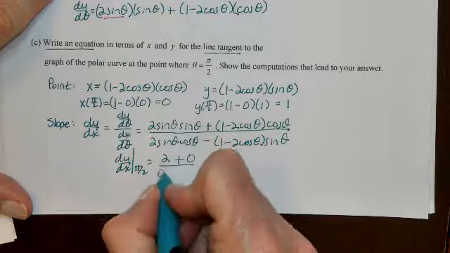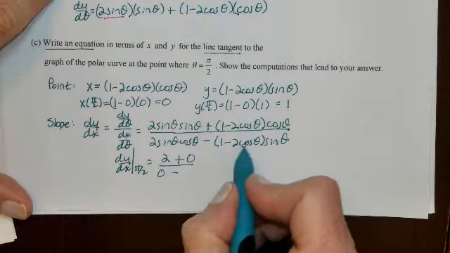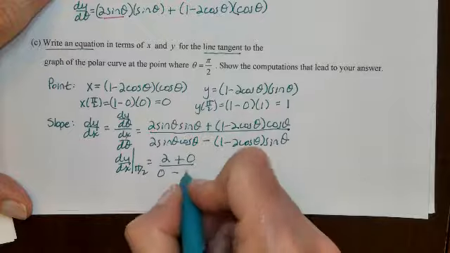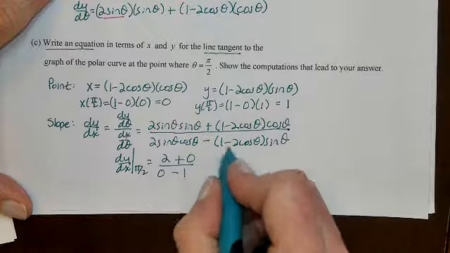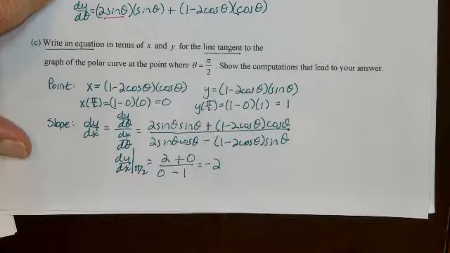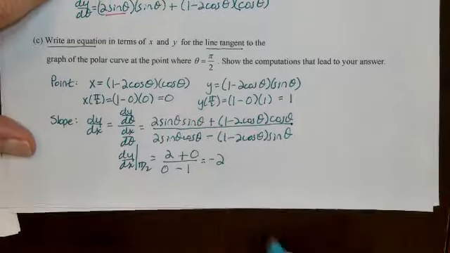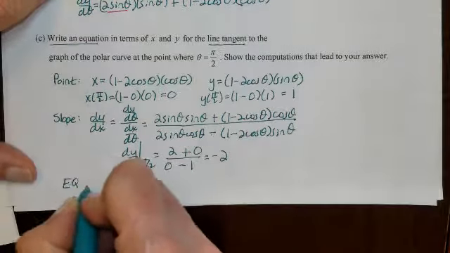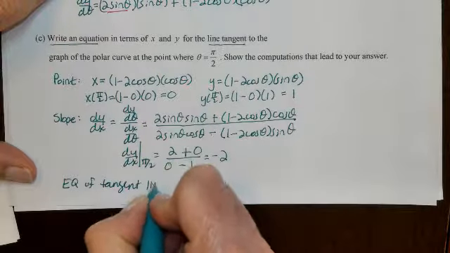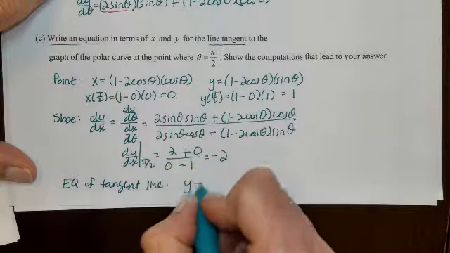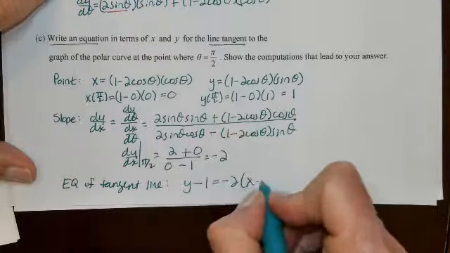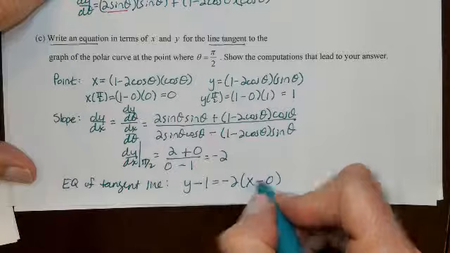So that's going to be 0 minus, this is 0. So we have 1 times 1, right? So that'll be a negative 1 minus 1. So the slope is a negative 2. Our equation of the tangent line then is y minus the y value is equal to the slope times x minus the x value, and we're done.